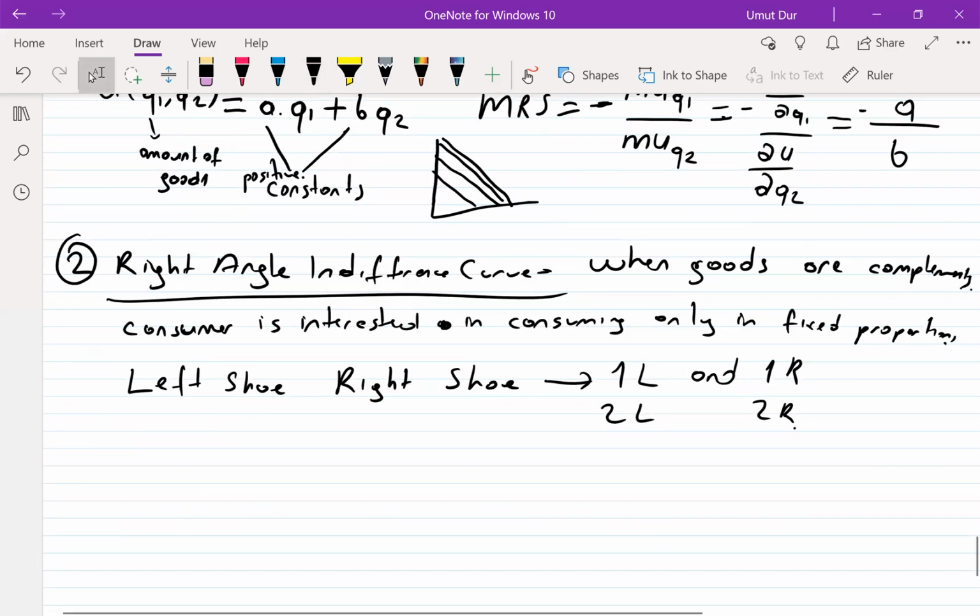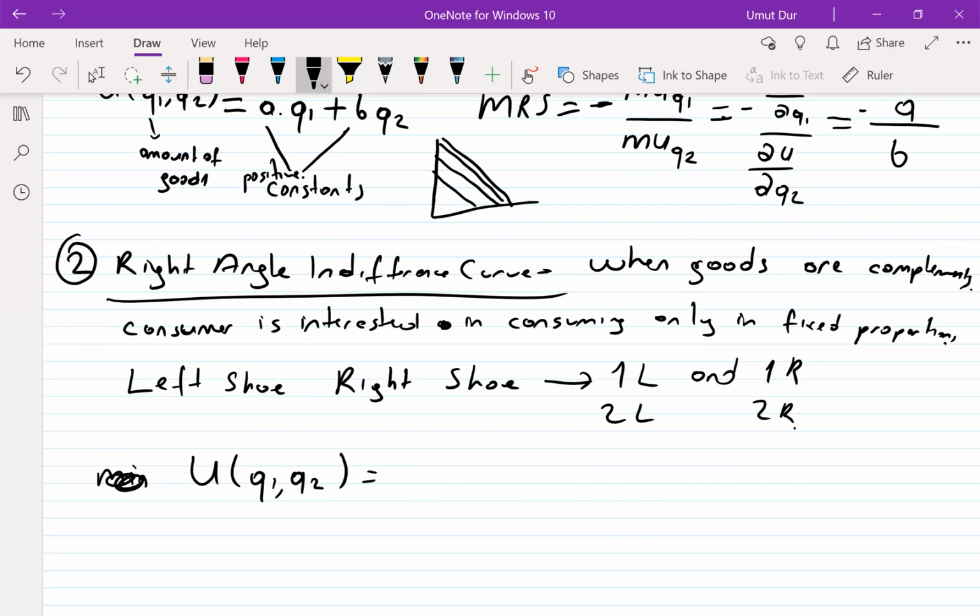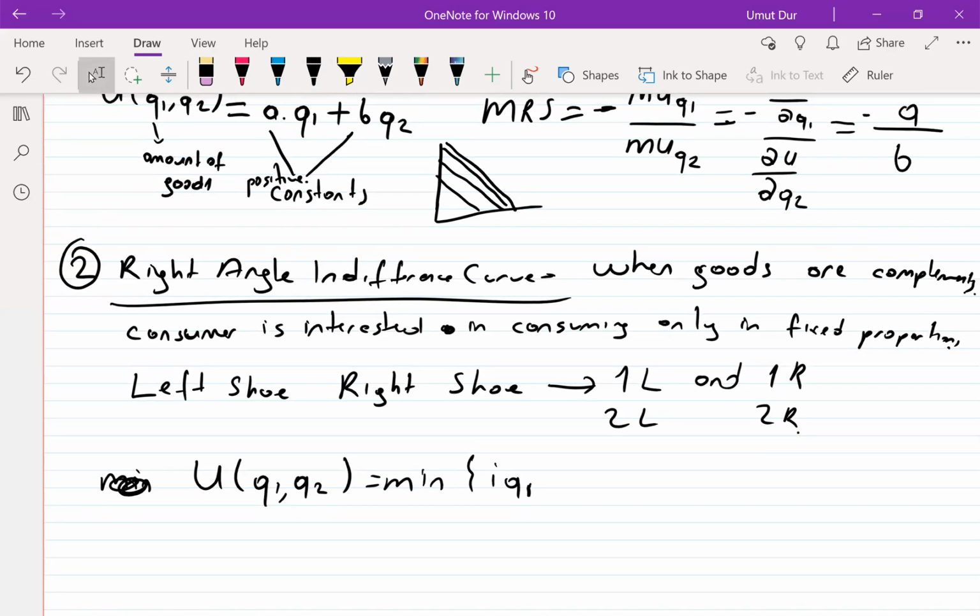The right angle indifference curves are represented by the following function. The utility that you are getting from Q1 and Q2 is the minimum of aQ1 or bQ2.